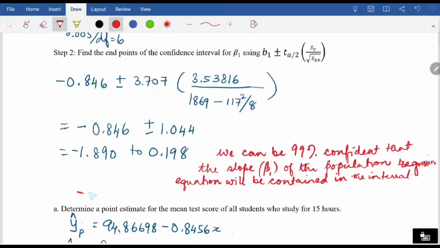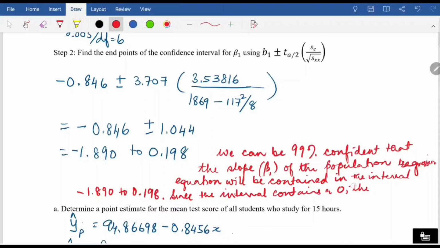So state your interval, negative 1.890 to 0.198, and also say since the interval contains a 0, right, the slope is not a useful predictor.